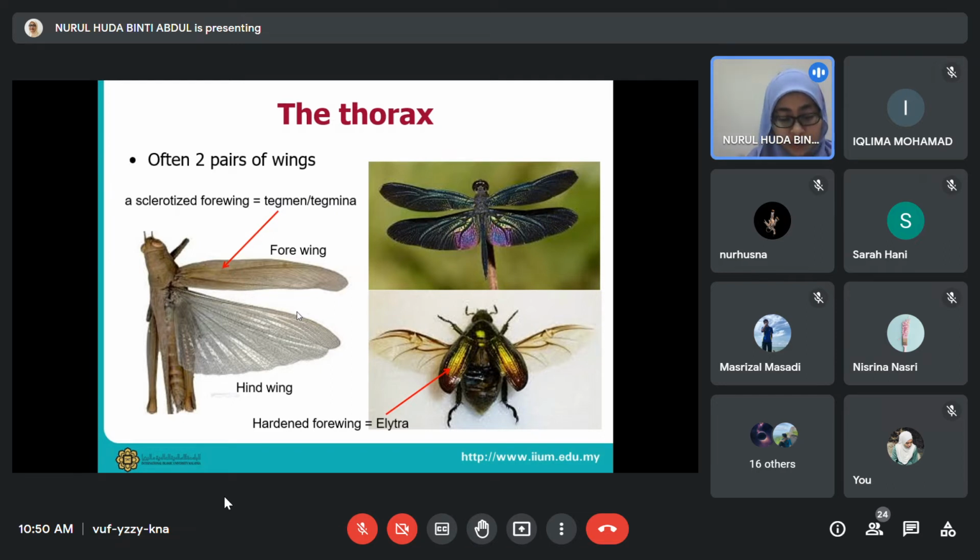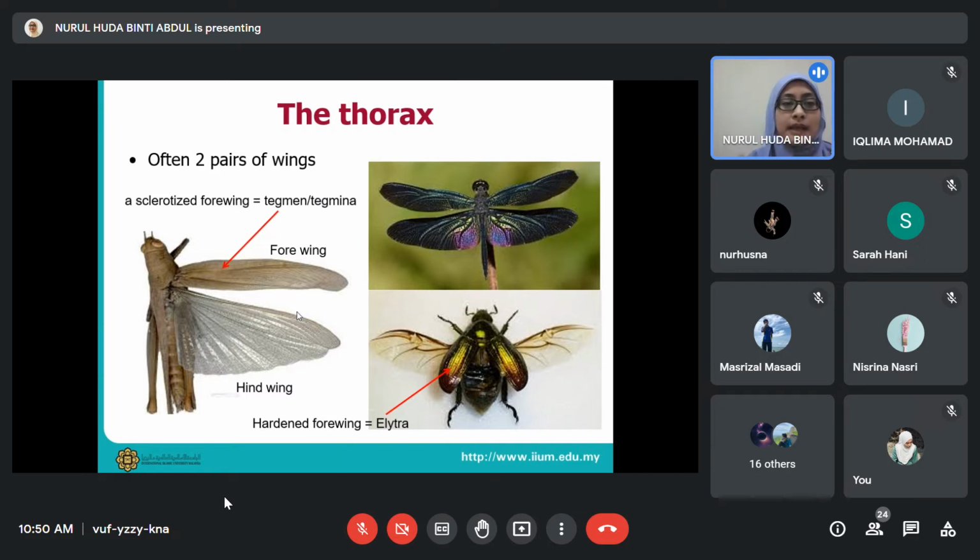So remember, we have prothorax, mesothorax and metathorax. Ada 3 parts of thorax tadi. So the forewing, sayap hadapan, is actually on the mesothorax rather than the prothorax. But the forelegs are on the prothorax. Maksudnya duduk di segmen pertama thorax.